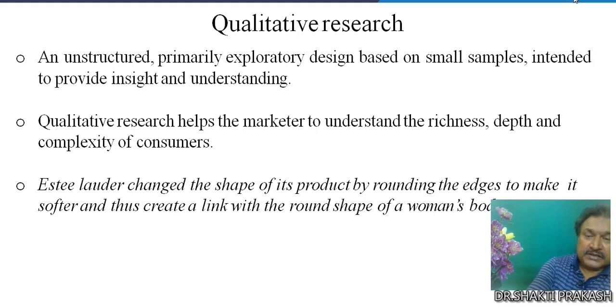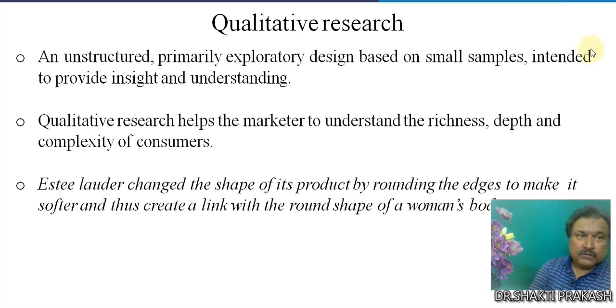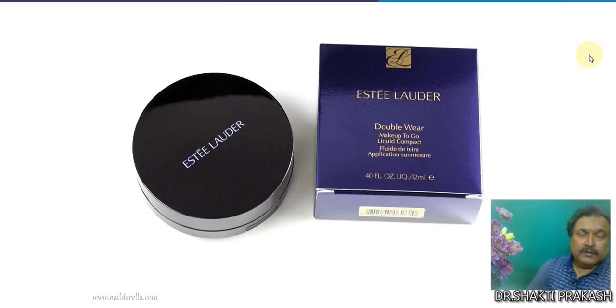One example is this product: Estee Lauder changed the shape of its product by rounding the edges to make it softer, and thus create a link with the round shape of the woman's body. This Estee Lauder product was initially rectangular, with masculine characteristics.